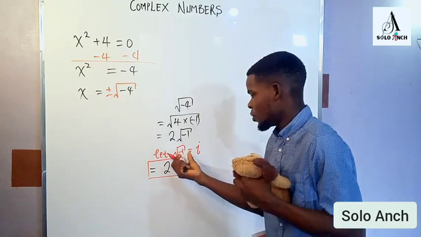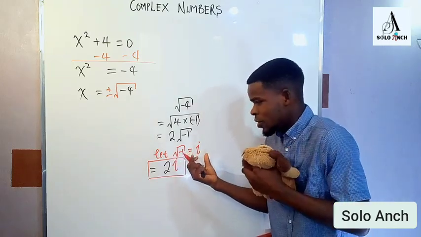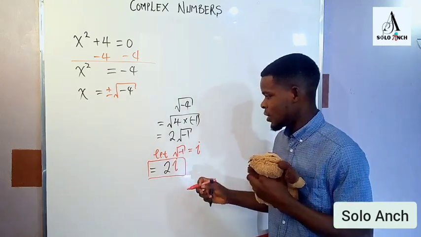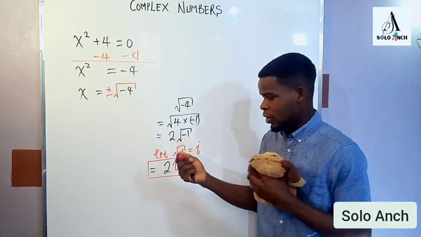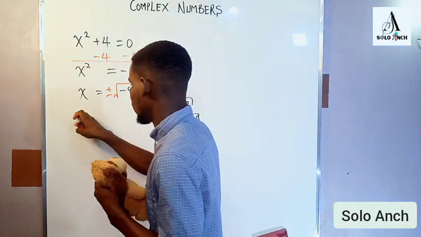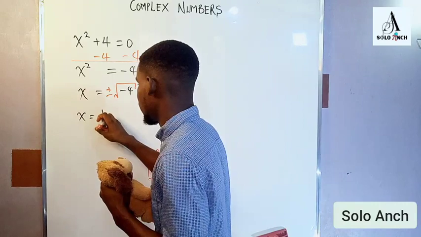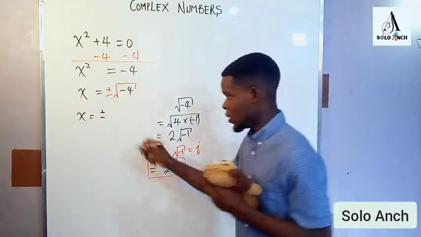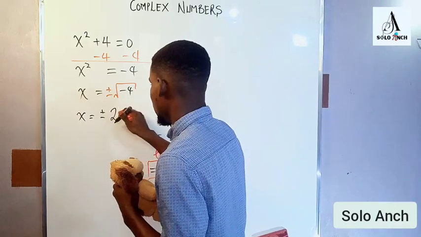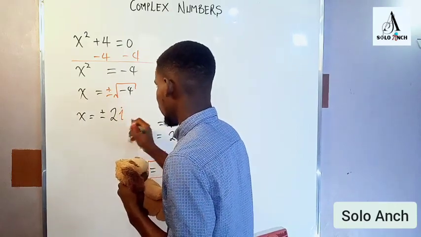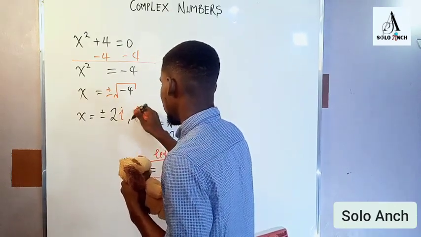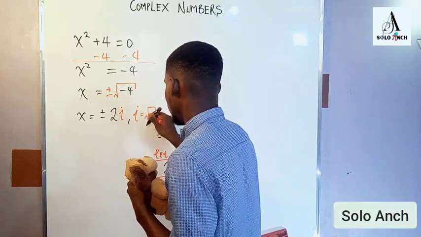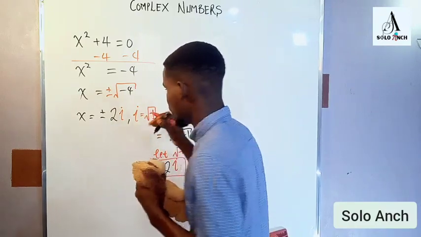If we allow this to just be some notation, since this is not a real number, we can write it as this. So the square root of negative 4, we've written as 2i, where the i is known to be the square root of negative 1. Let me put it out here, where this i is the square root of minus 1. Good.